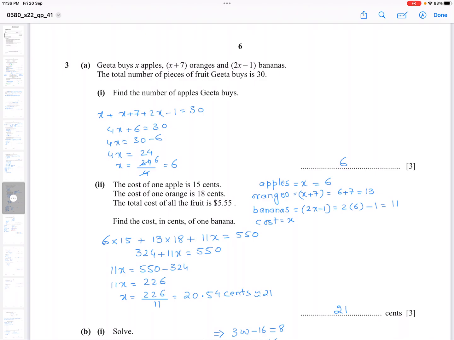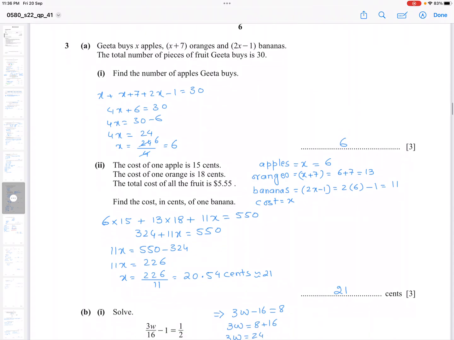I converted $5.55 into cents because the question demands the cost in cents of one banana. So from here, make x the subject. Finally you get the value of x as 20.54 cents, which is approximately 21 cents.